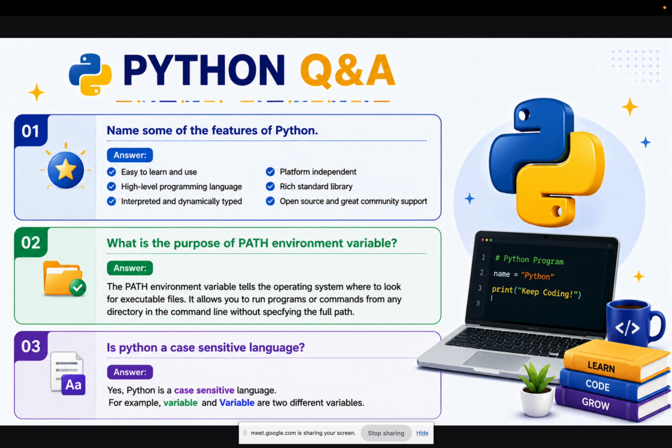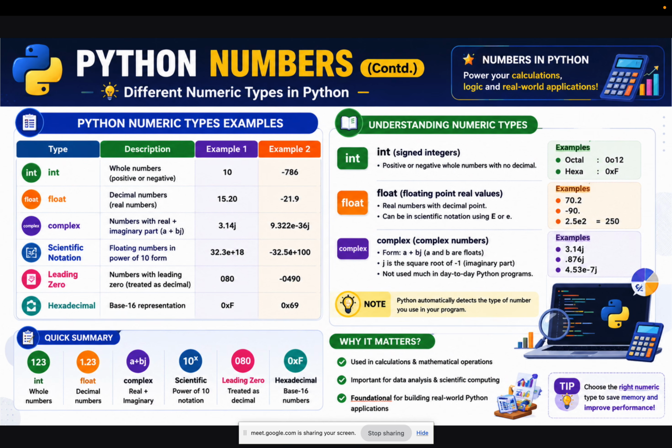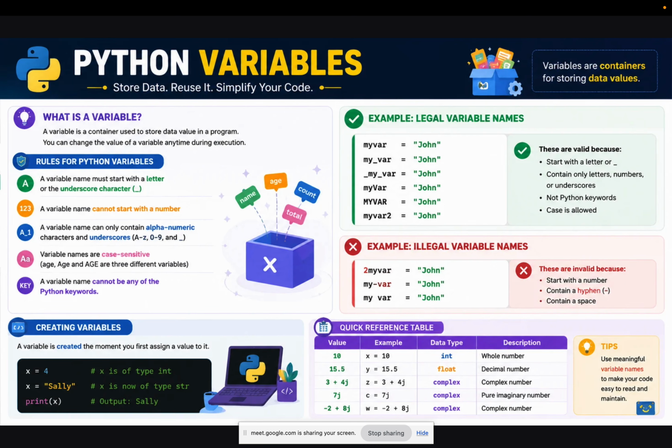Correct. That is what I mentioned when you were learning variables. If you remember, a variable cannot start with a number when we learned the rules. Again, a variable name cannot start with a number, because we learned all those rules at that time.